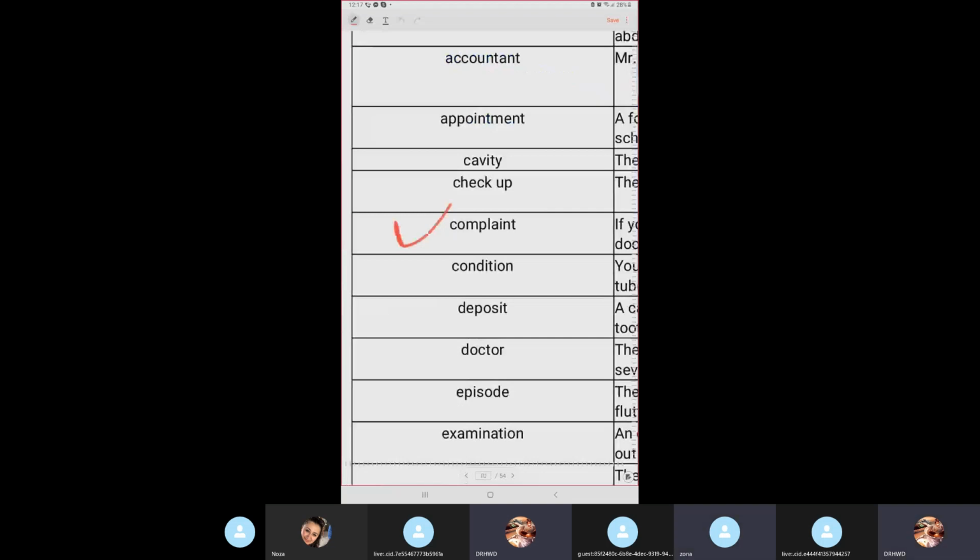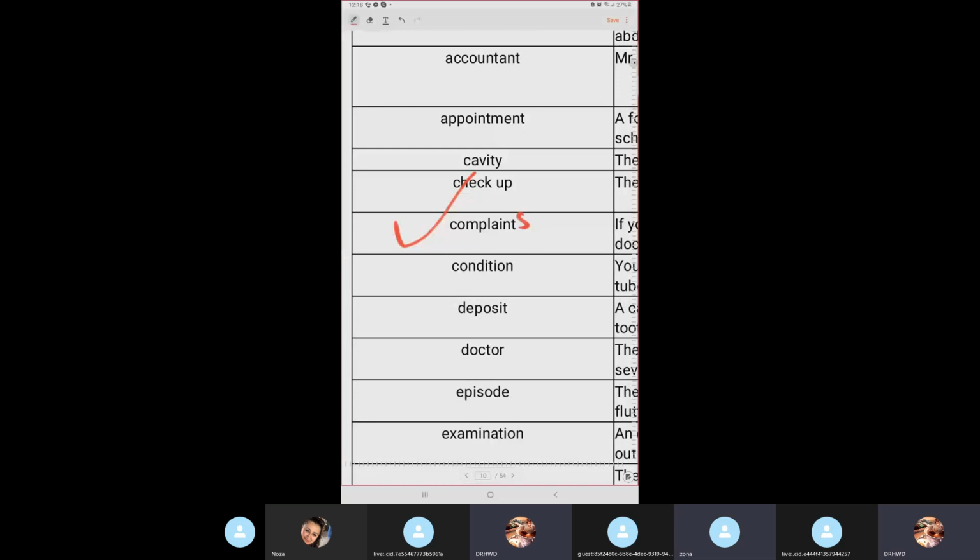We can have the plural of it. That's why. What if I say complaints? Then does it make it uncountable or countable? You're saying the right thing, it is countable.